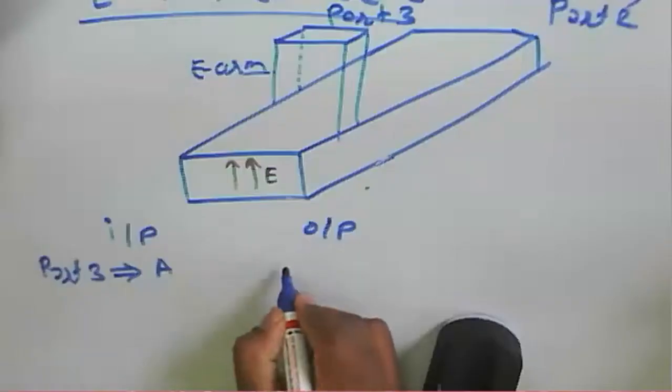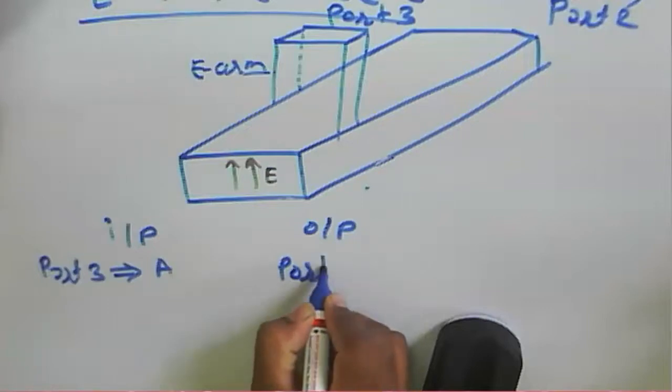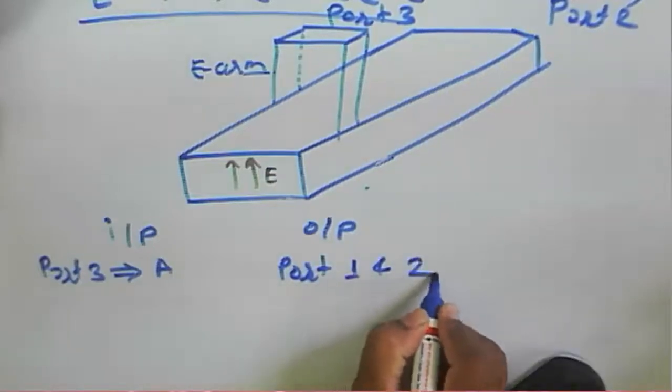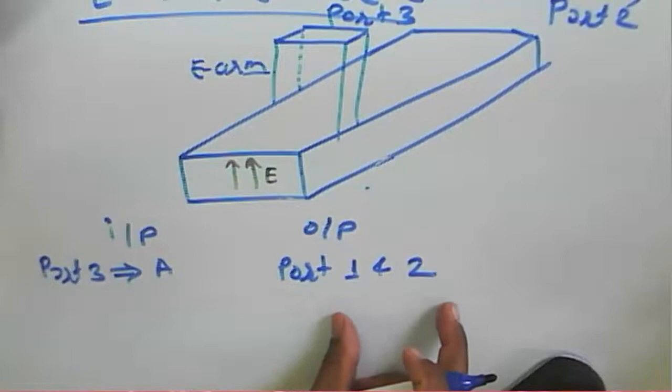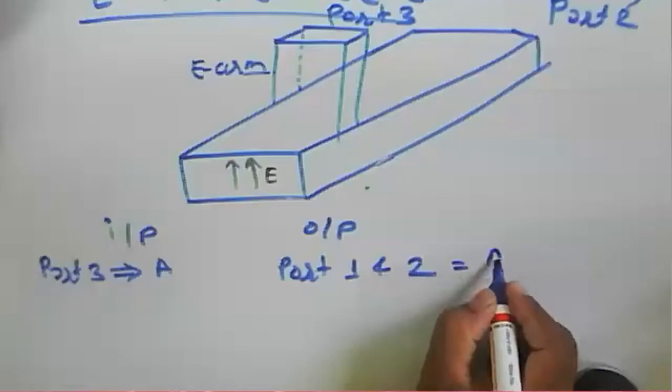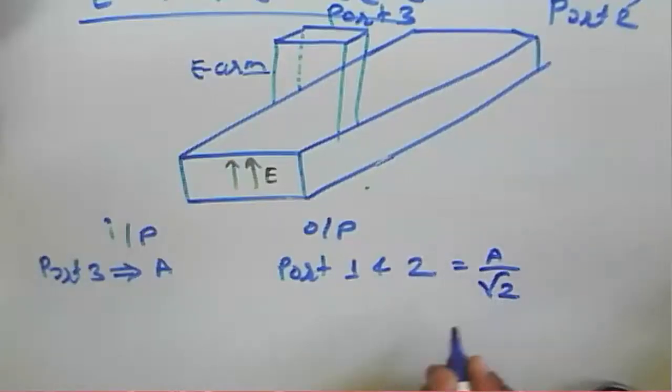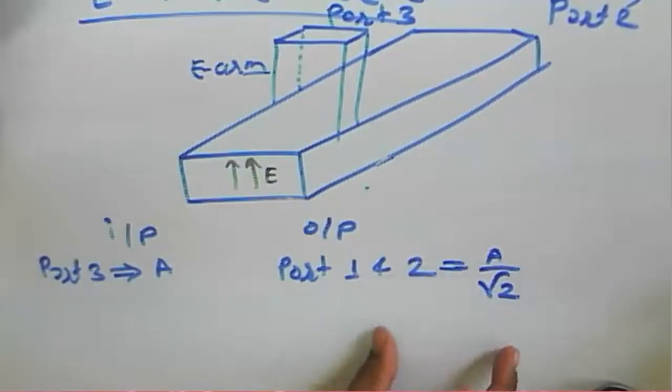We will get the output at port 1 and port 2. That output at port 1 and port 2 will be A by root 2.